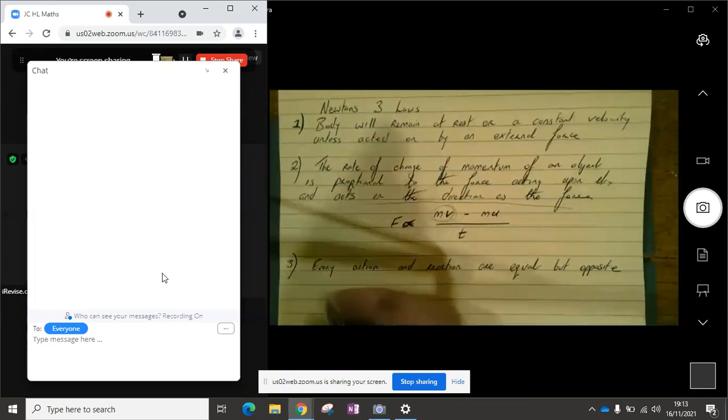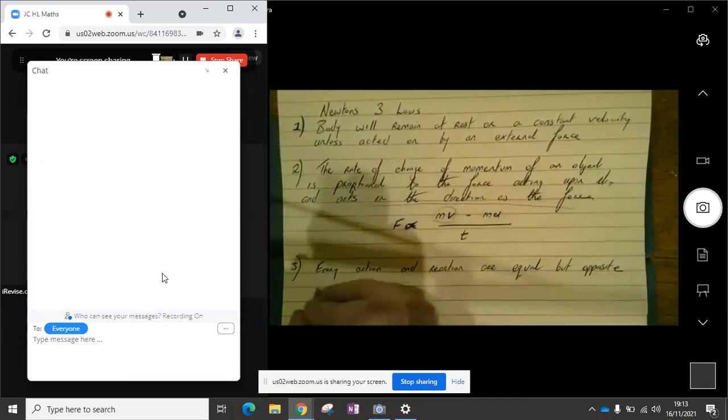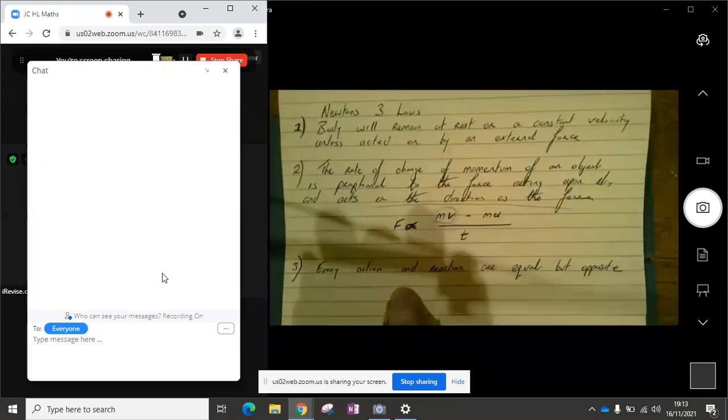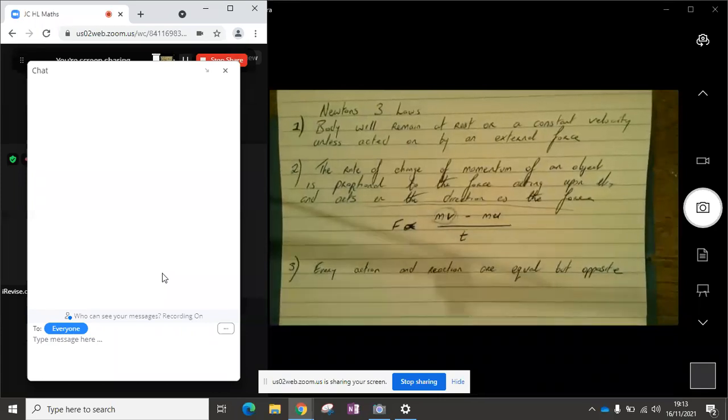Also, it's not always worded that way. You might have heard it so that if body A acts on body B, then body B acts back upon body A with equal but opposite force. Okay? Or if an object A exerts a force on object B, and object B exerts an equal and opposite force on object A. Opposite just means opposite direction.